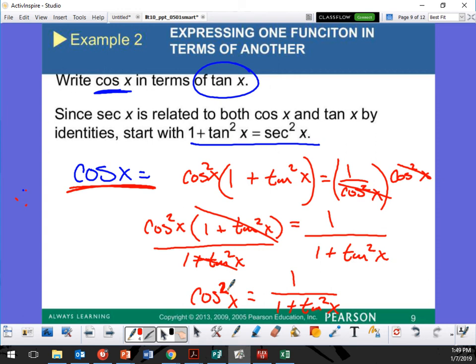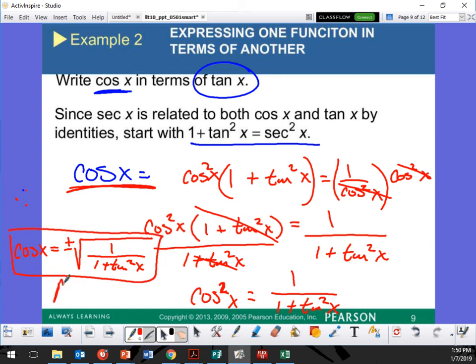So I square root both sides, right? My answer is going to be cosine x is equal to the square root, so it's actually plus or minus the square root of 1 over 1 plus tangent squared x. Let me put a little box around this and write A and S.